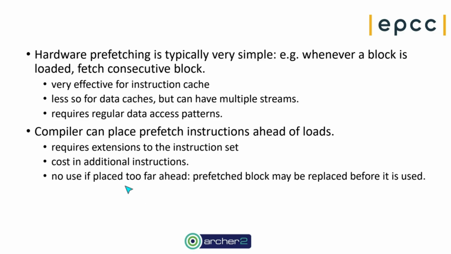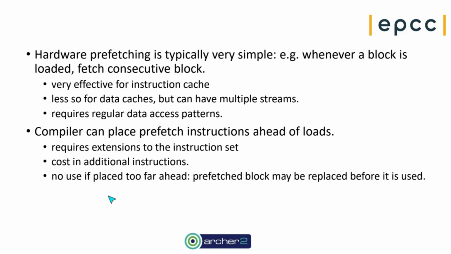It's also possible that the compiler can do something here, but it doesn't really work very well. The processor has the capability of issuing an instruction that says, please prefetch this data from memory into the cache. But compiler-generated prefetching is largely ineffective.